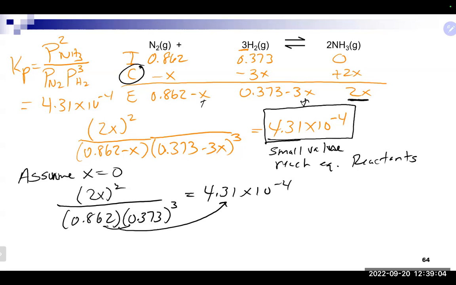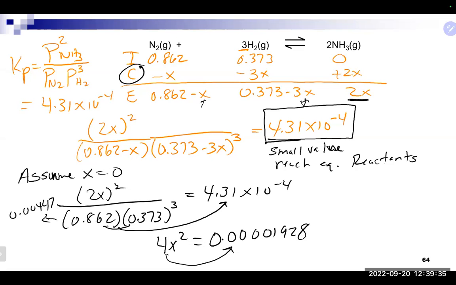If we do that, 0.373 cubed times 0.862 gets you something like 0.00447. We're then going to multiply that to the other side, 4.31 times 10 to the minus 4, which gives us 4x squared is equal to 0.00001928.